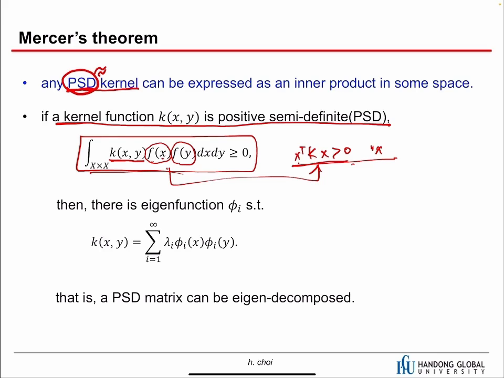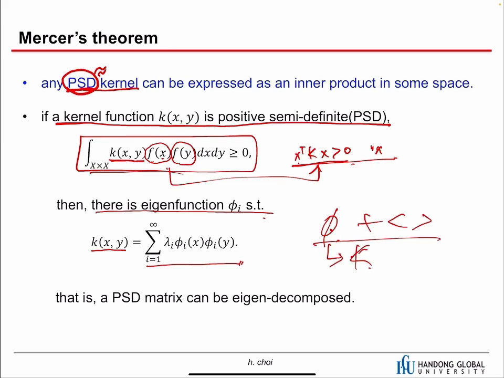Then there are eigenfunctions phi sub i, such that this kernel is actually an inner product between two vectors in some space. Do you remember in the previous slide, if we have a nice function phi, then we can replace this function plus inner product with a kernel, right?